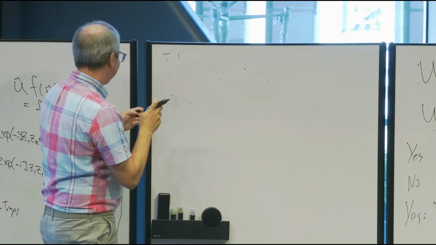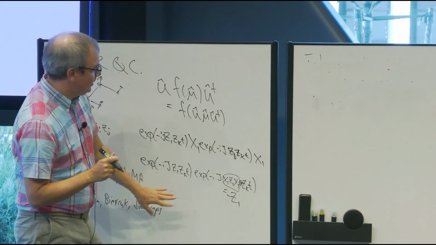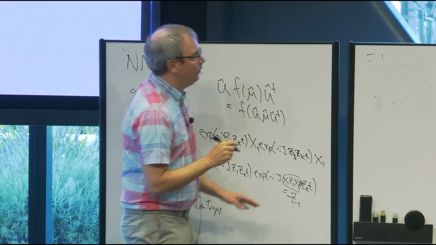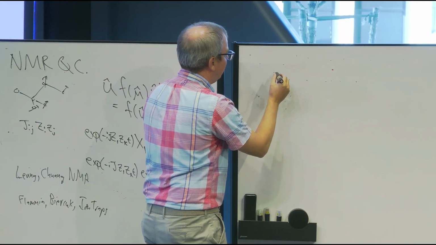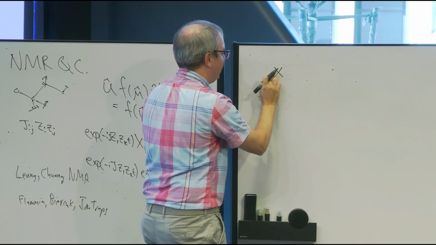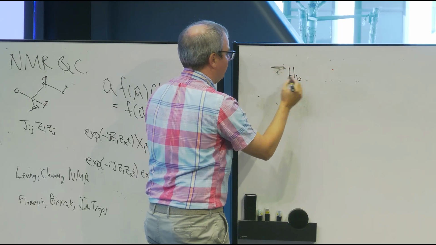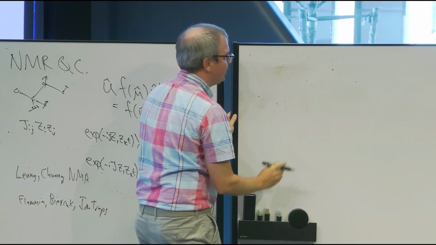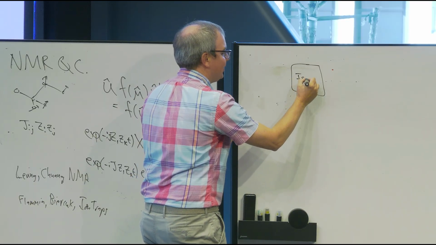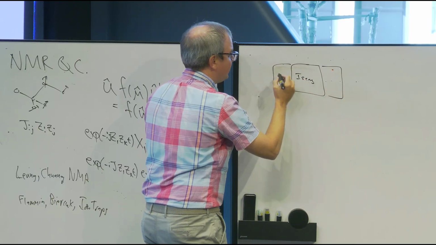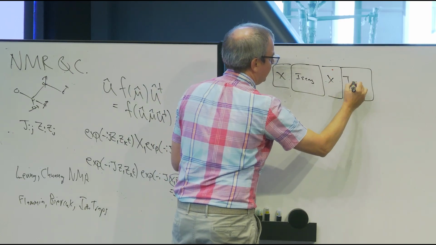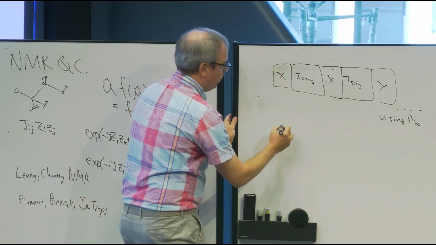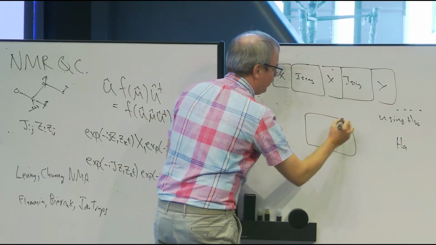But what I want you to keep in mind is this simulation. It's kind of weird because it's going to look like a term where I'm running the Ising part, then some choice of X gates, Ising part, X gates, etc. Whereas for HA, I just run HA.